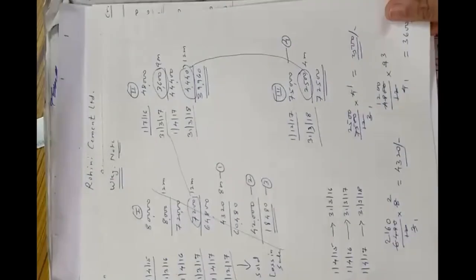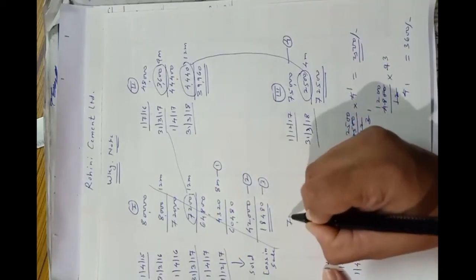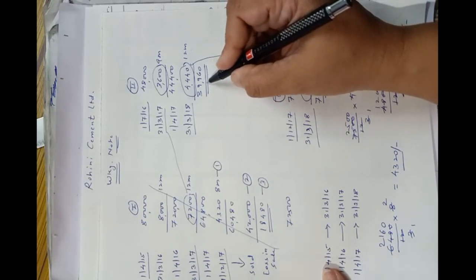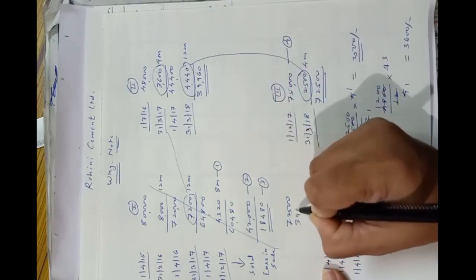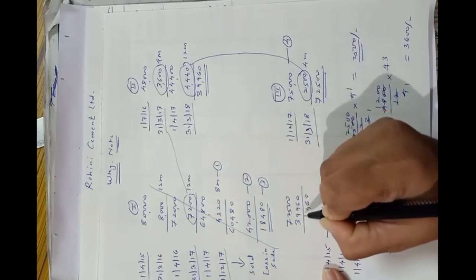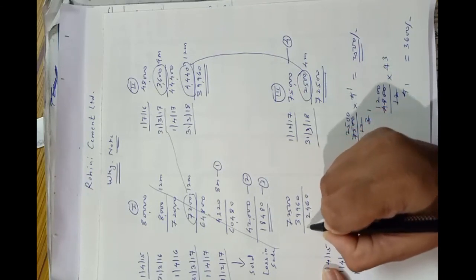Now let's check if it is correct. This balance will be the addition of these two amounts. So let's add here 72,500 plus written down value of the second machinery 39,960. 1,12,460. This is our balance, 1,12,460.